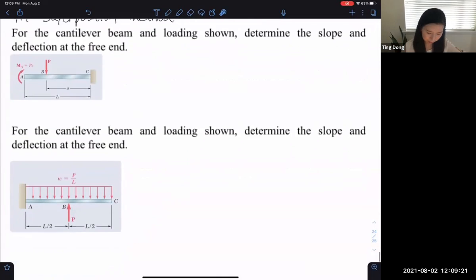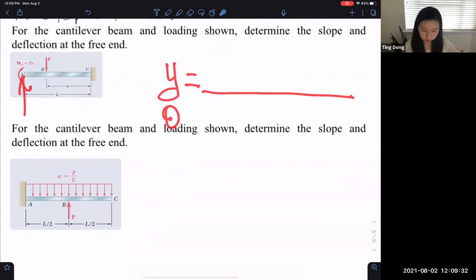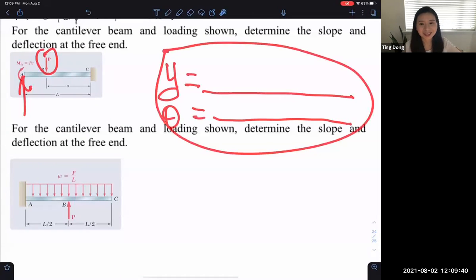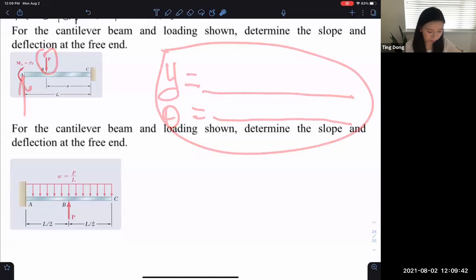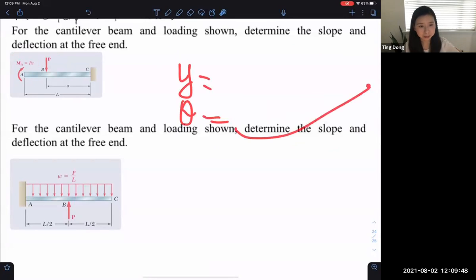It shows that for a cantilever beam, if a force is applied, it gives you the final answer directly: the expression of deflection and the expression of rotation. So for this force applied, you find the expression in the table. And for this moment applied, you find the expression in the table. Then you add them together, and you're done.